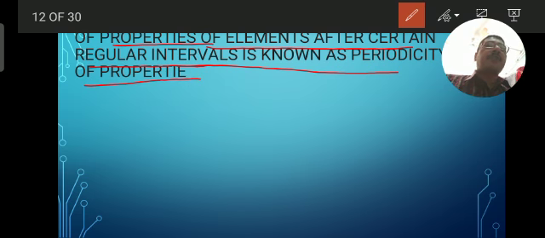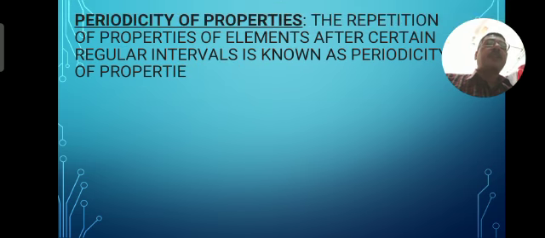This question is asked many times in the board examination. So we can say repetition of the properties of elements after certain regular intervals, when we arrange them in increasing order of their atomic masses, is known as periodicity of the properties of the elements.